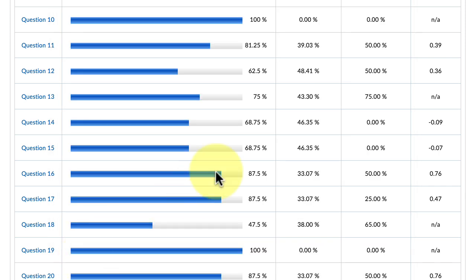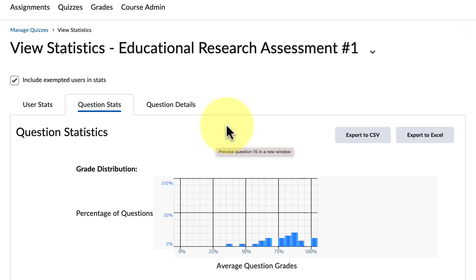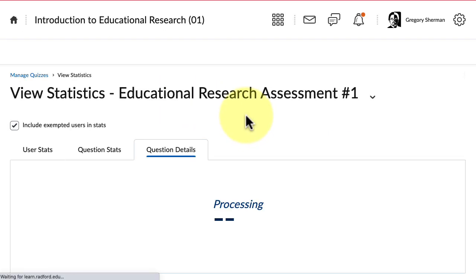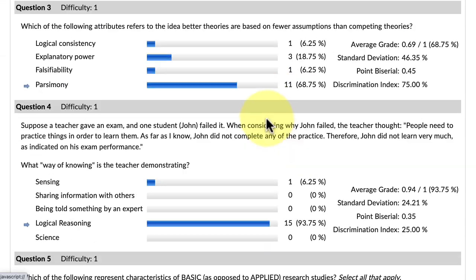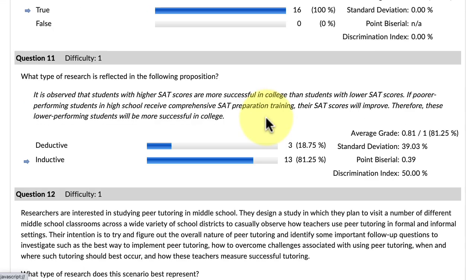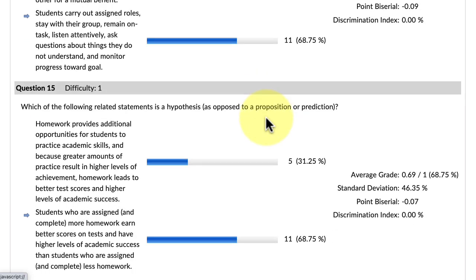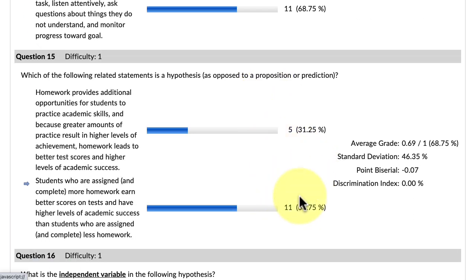Let's take a look then at the statistics on that one item. I'll go to question detail, scroll down to 15, and we're sort of split. Most, 11, did get the correct answer. Which of the following is a hypothesis?